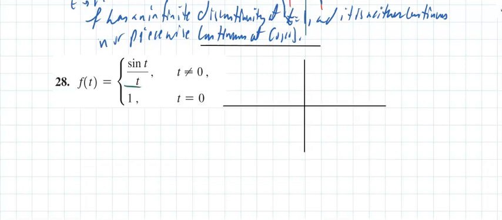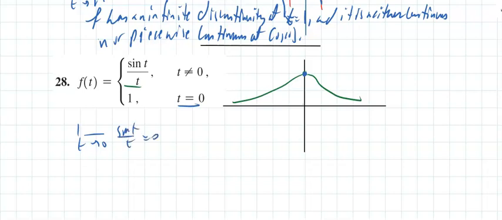Sine of t over t, if t doesn't equal 0, and when t equals 0 we get 1. So the limit as t approaches 0 of sine of t over t equals 1.